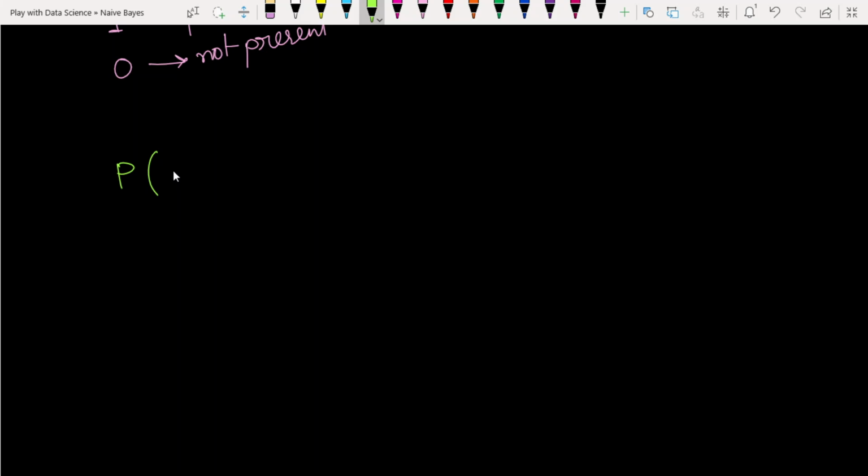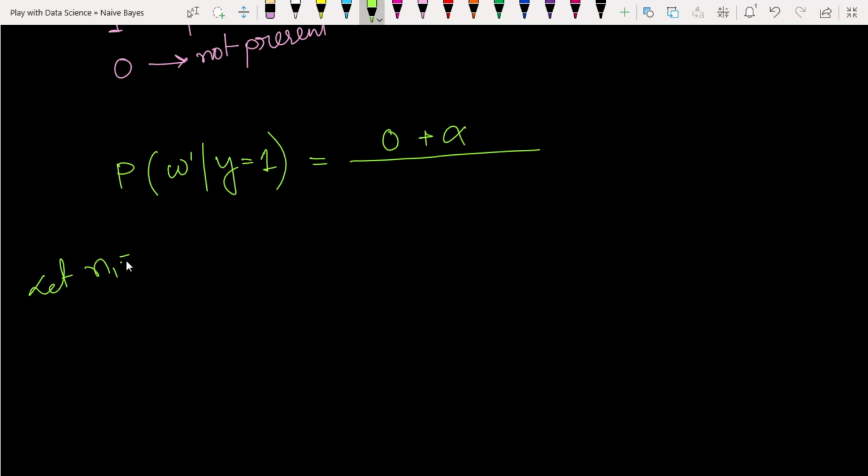In this example, we are interested in calculating the probability of w dash given y equal to 1, and this probability is 0 over something with alpha. Let's take our n1 equal to 100.